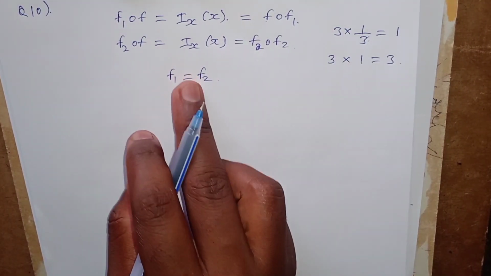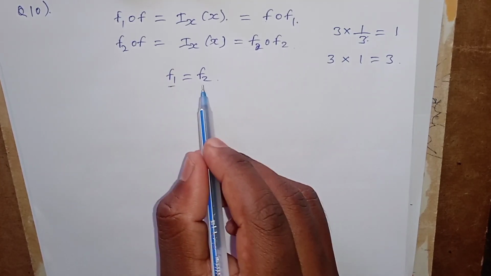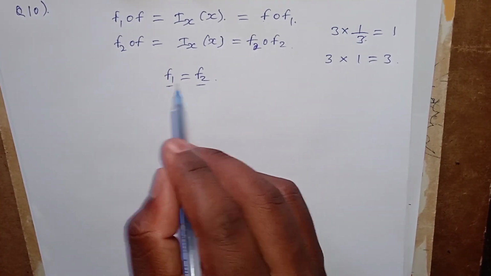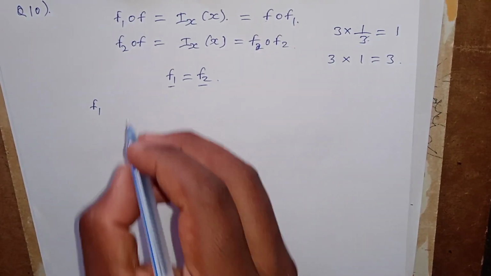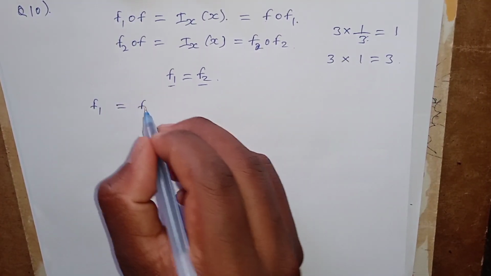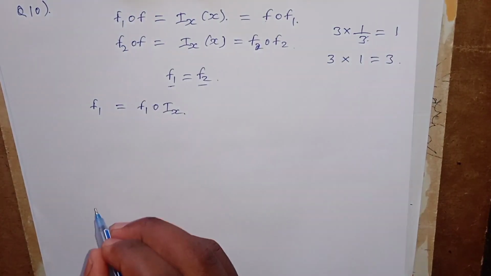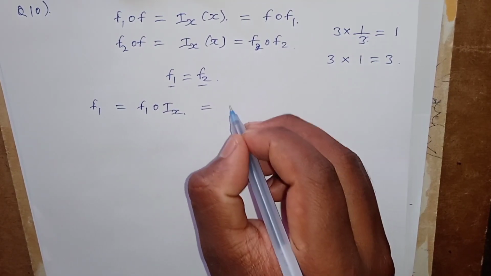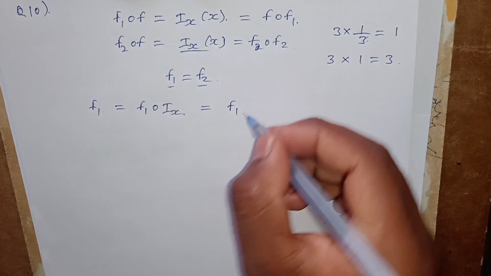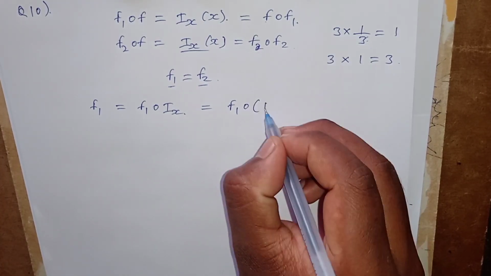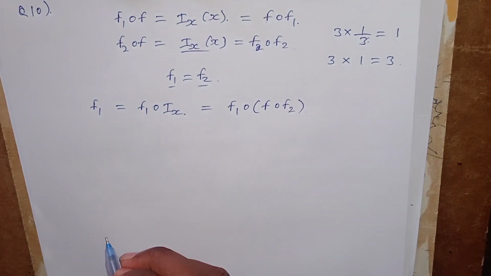For a unique inverse, you have to take f1 and prove that it equals f2. Here it is a unique inverse, therefore I am taking f1 ∘ identity of x. Next, the identity of x is nothing but f ∘ f2.